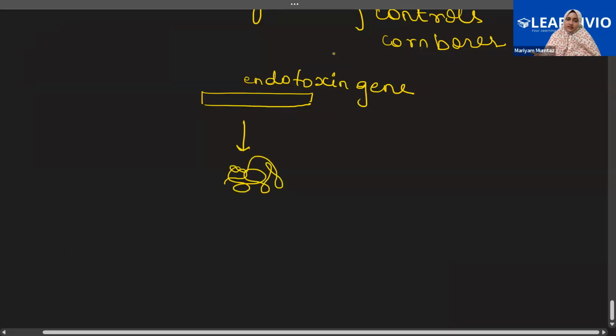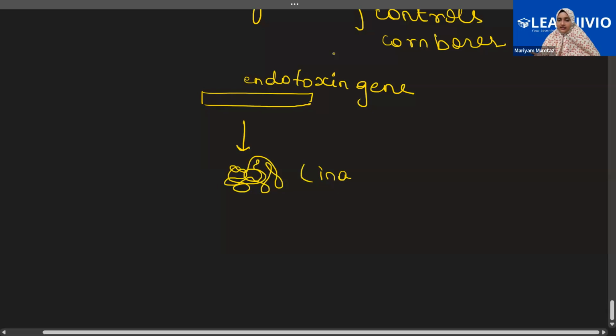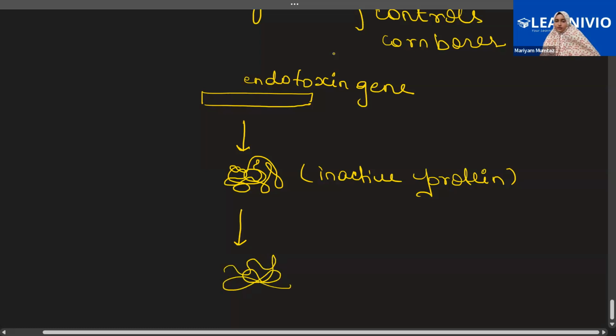Imagine it does not have any loose ends outside, so we'll say that it is an inactive protein. Once this protein enters the gut of the insect, it becomes active and it has loose sites. So this one is the active toxin.